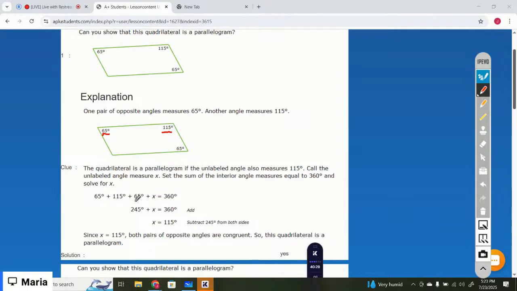So 65 plus 115 plus 65 plus x equals 360. So 245 plus x equals 360, so x equals 115. Both pairs of opposite angles are congruent, so the quadrilateral is a parallelogram.